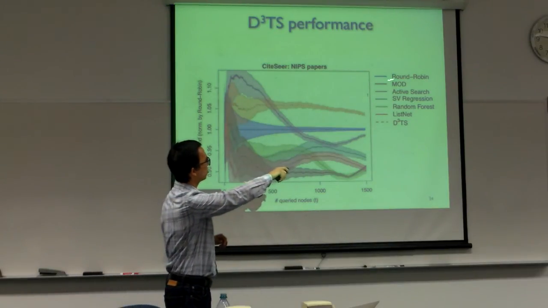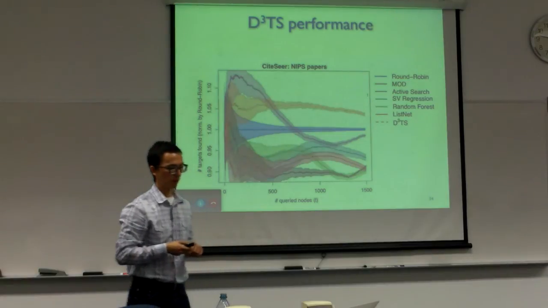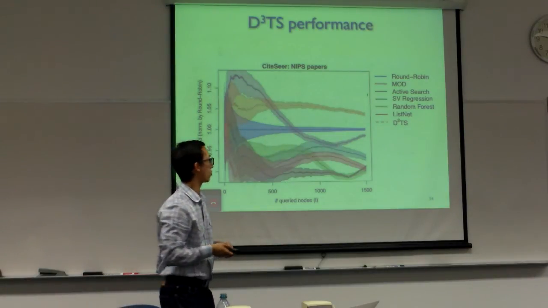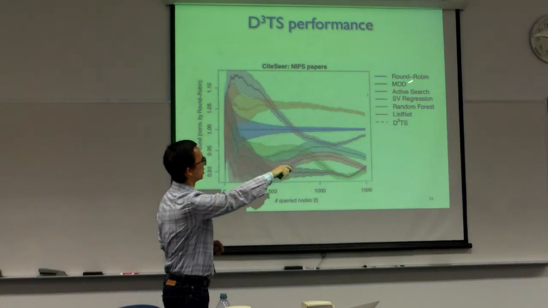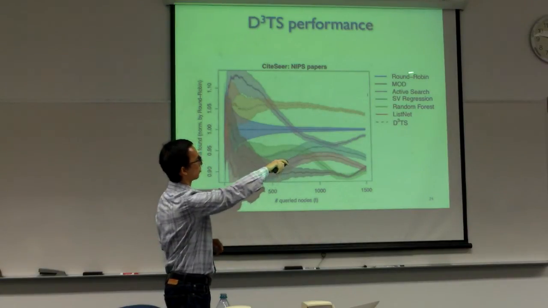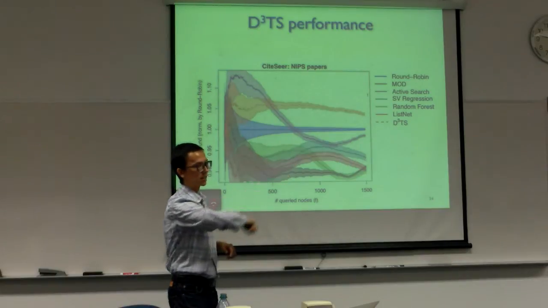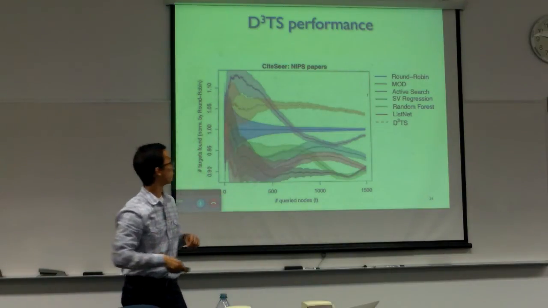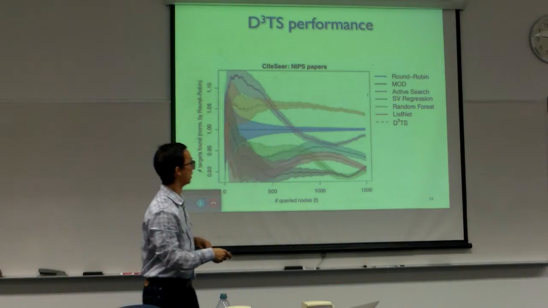So the blue line here is the performance of round robin. The other solid lines are the individual models. Note that these models are also used by round robin and D3TS, which is shown as the orange dashed line.